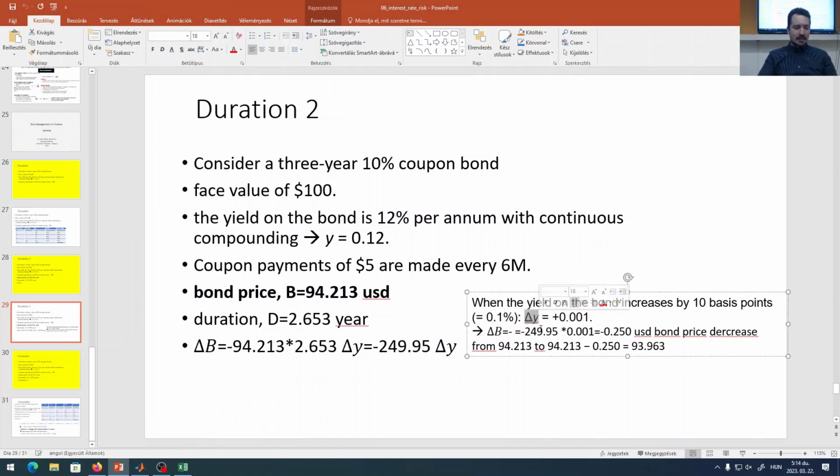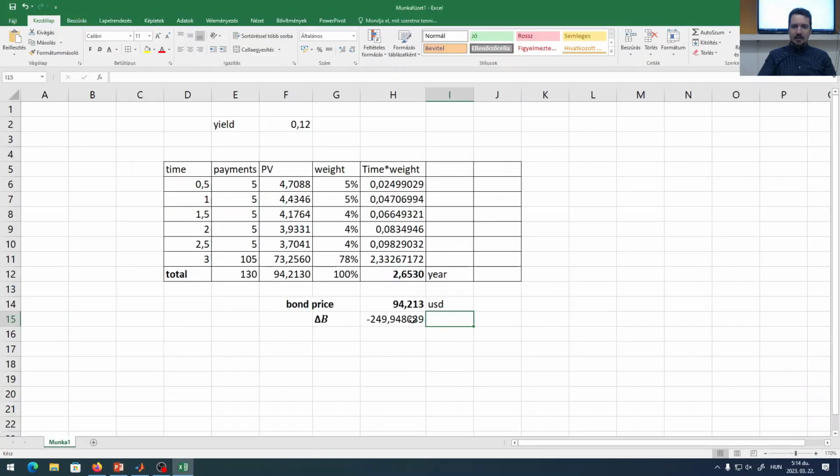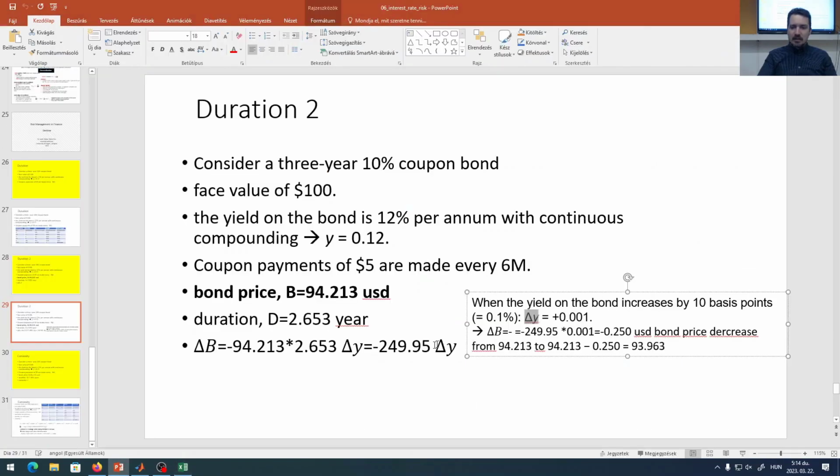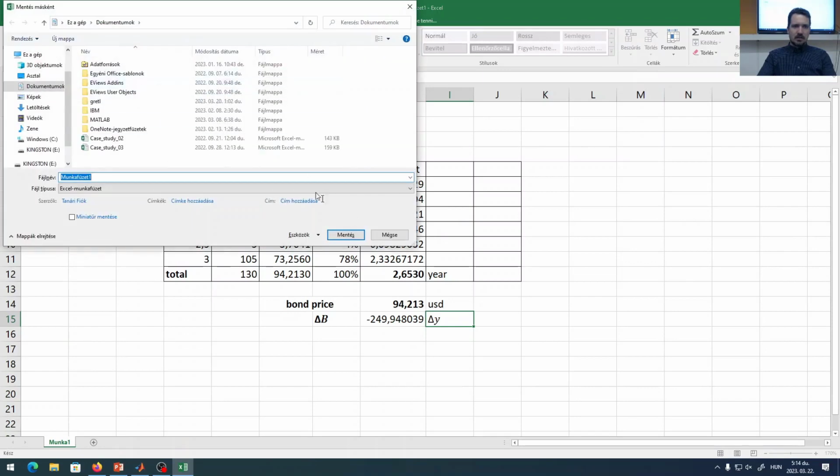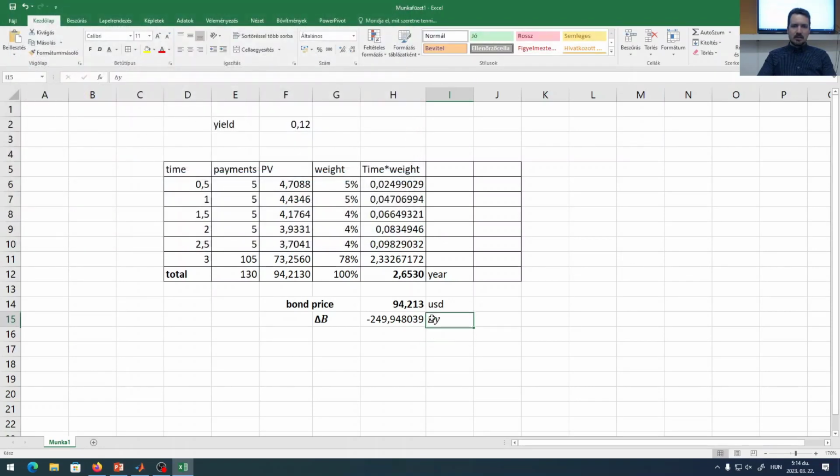So let's say I should add this representation also here. Okay. Can I say multiplication mark? Yes, I can say. Good.